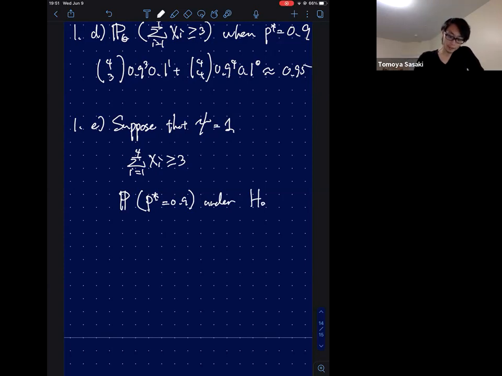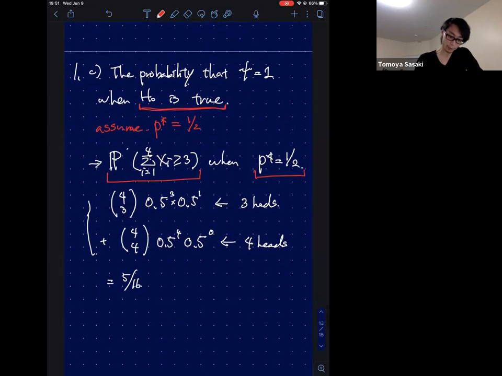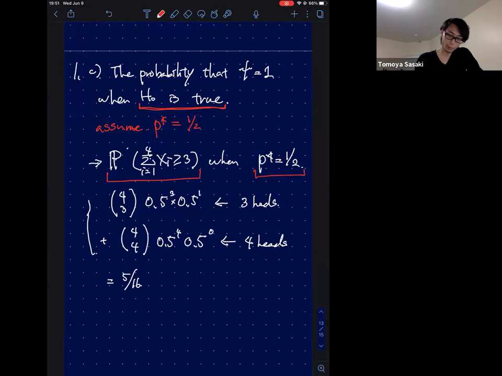So this is really, really tricky again, and it might be a very tricky question, actually, given the question I got in the breakout room. But when I say H0 is true, it means we're going to assume P star is 1/2, right?